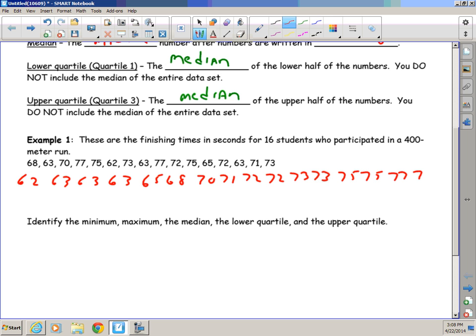All right, let's make sure we got all 16. 1, 2, 3, 4, 5, 6, 7, 8, 9, 10, 11, 12, 13, 14, 15, 16. All right, so now what we do is we separate this into 2 groups of 8. Right? And now we want to figure out these particular values.